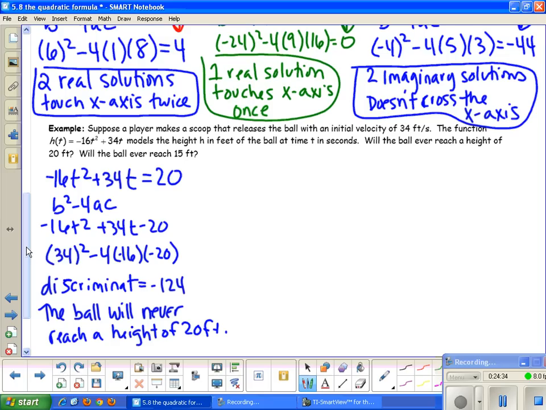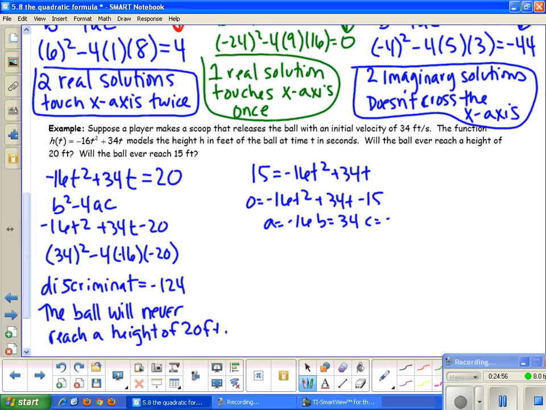So if I plug in 15, I'm just putting it on the other side. So I would just put it in standard form first. So A is negative 16, B is 34, C is negative 15. So b squared minus 4ac. My b is 34, A is negative 16, C is now negative 15.